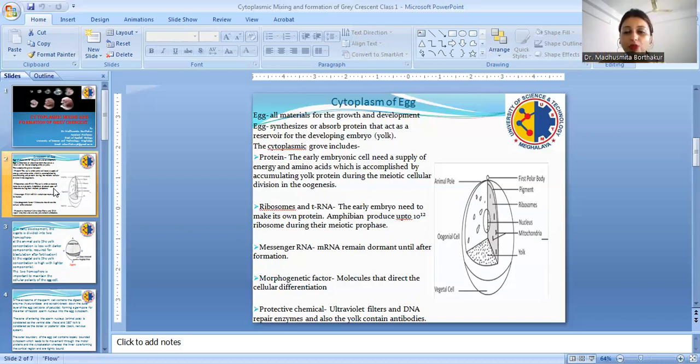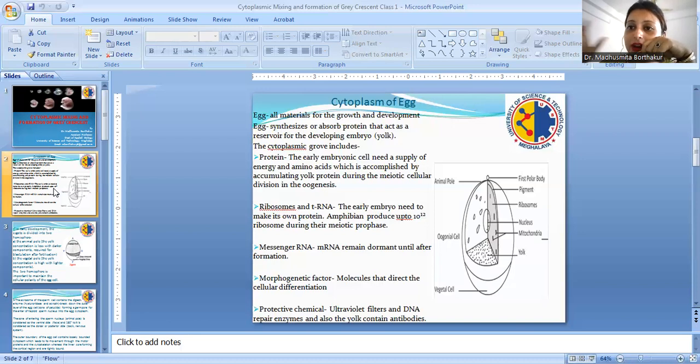Meiotic division means the process of reductional cellular division. At that time, the early embryonic cell needs a supply of energy and amino acids, which is accomplished by accumulating this yolk protein, which we consume. Ultimately, it helps in providing the energy and the amino acids.